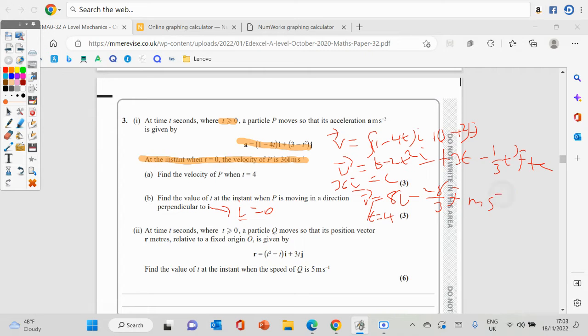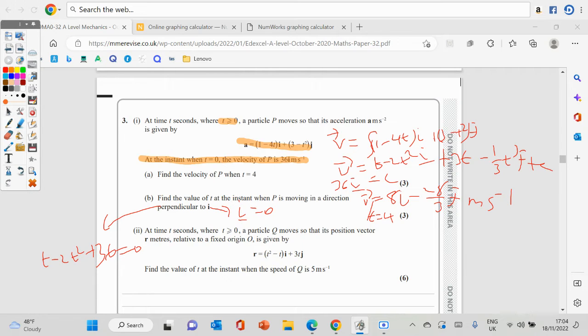I have no idea, I've not done these questions before, so I'm just going at them with a little bit of mathematics in my head. Let me do part B rather. Part B, we know that the i component is going to be 0, so from here we know that 36 plus t minus 2t squared is going to be equal to 0.